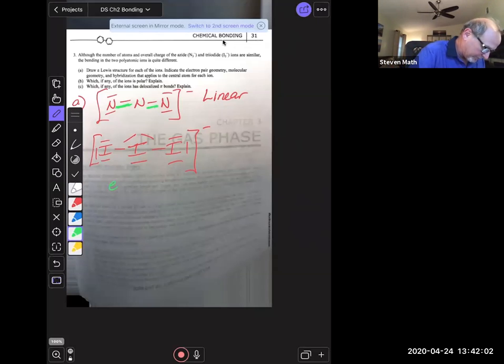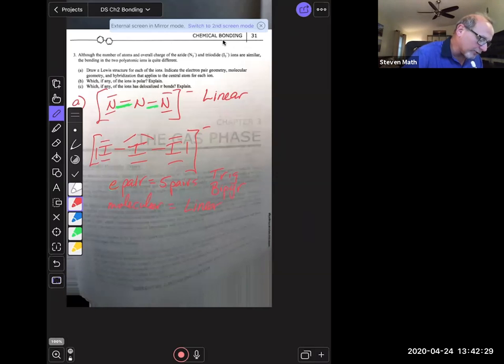Whoops, I'm sorry. My electron pair is 5 pairs. 5 pairs is trigonal bipyramidal. But what's my molecular geometry? That's the actual molecule shape that it makes. My molecular shape is linear.